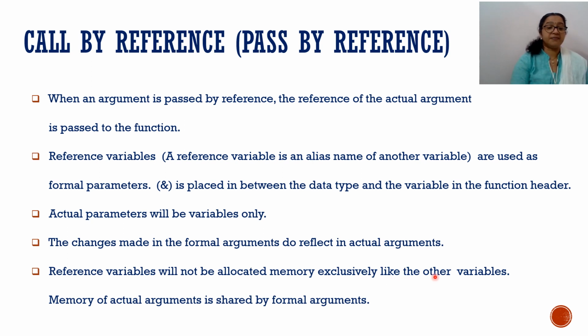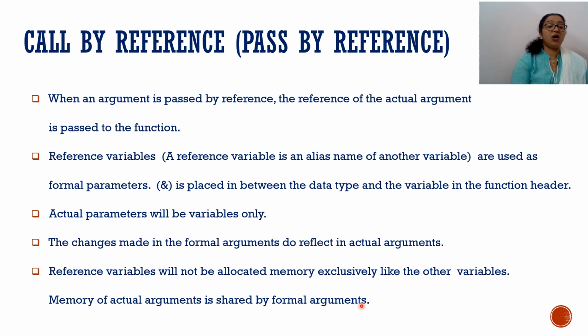What is the meaning? If it is a reference variable, it will not create any separate memory allocation. So the memory of the actual arguments is shared by the formal arguments. There is no separate location for the formal one.